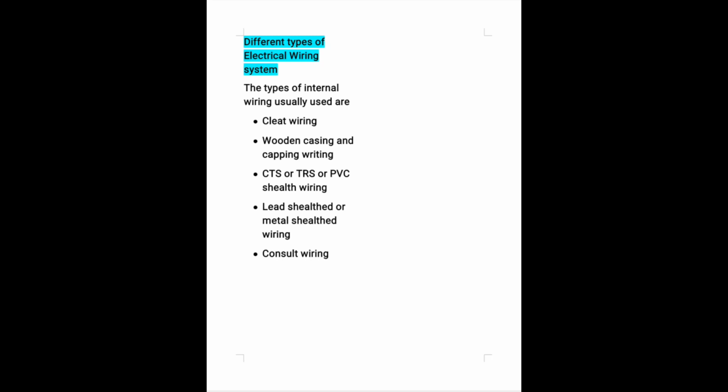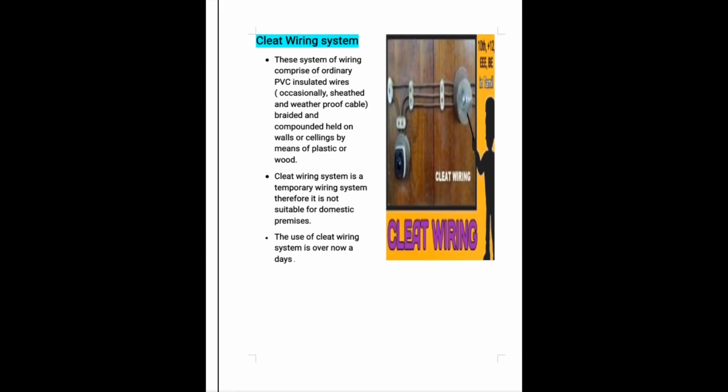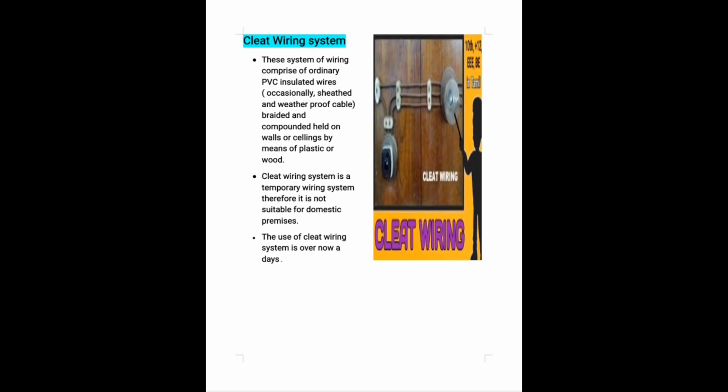The types of internal wiring usually used are: first is cleat wiring, second is wooden casing and capping wiring, third is CTS or TRS or PVC sheathed wiring, fourth is lead sheathed or metal sheathed wiring, fifth is conduit wiring.